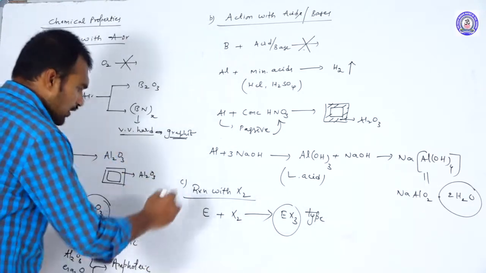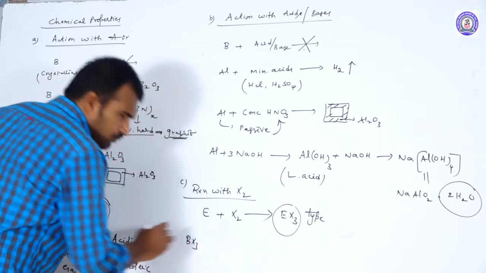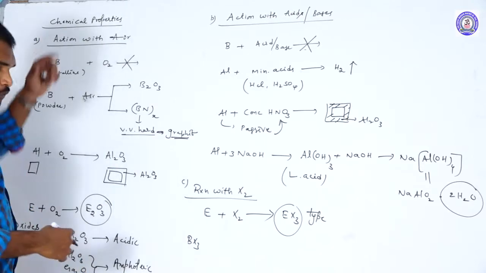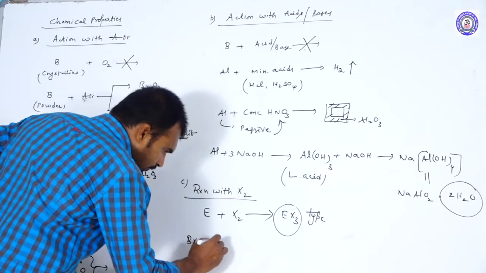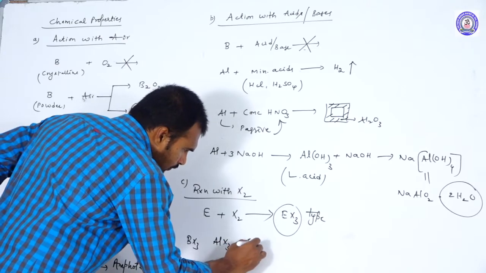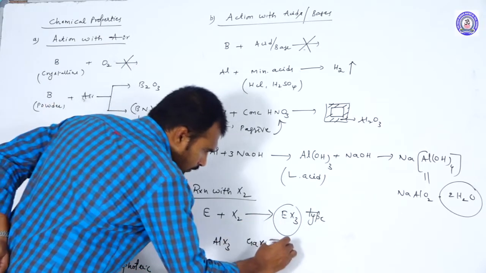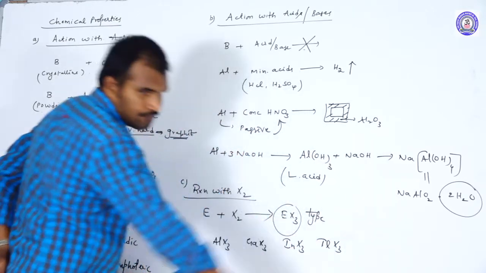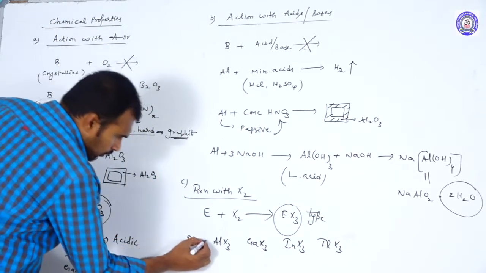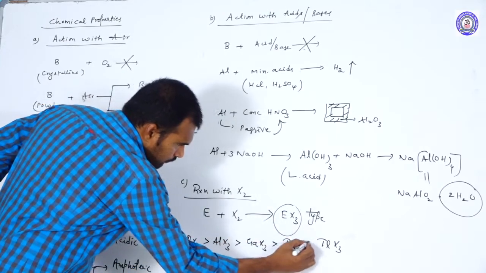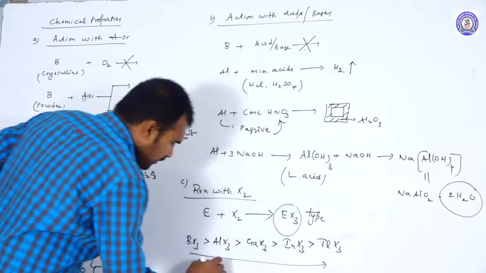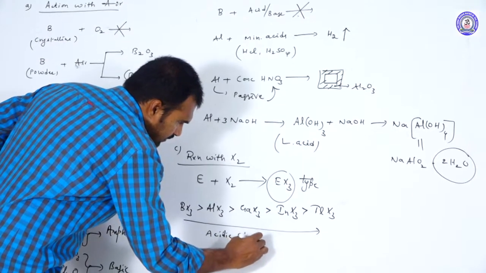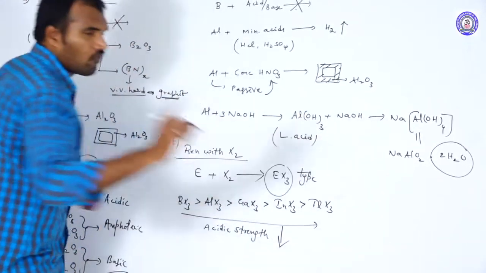So when you go from BX3, boron trihalides, to thallium halides, from top to bottom: BX3, AlX3, GaX3, InX3, TlX3. What happened? The acidic strength decreases. Very, very important. What is the reason?